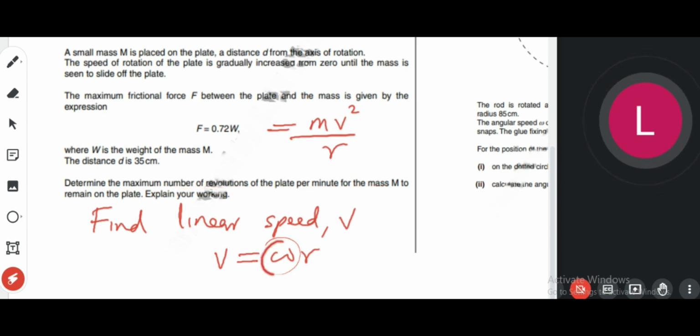Angular speed omega is the angle displaced in 1 second, usually in terms of pi.